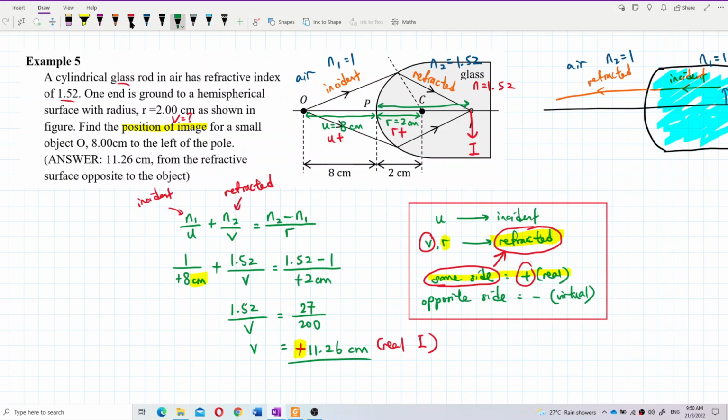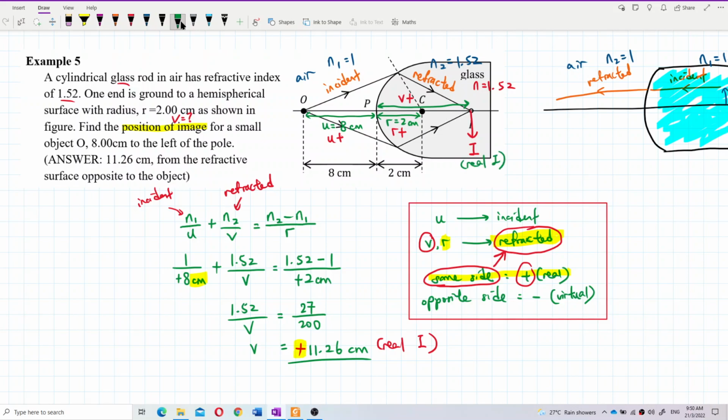The V is positive: positive 11.26 centimeter from the pole of the surface. V is positive because the image is on the same side as the refracted ray. So this is the real image. We can say this is a real image.